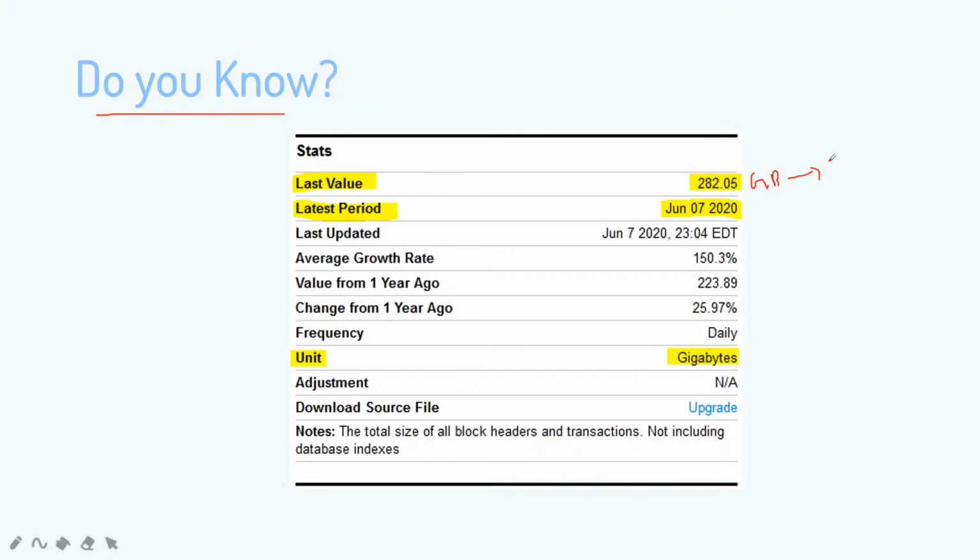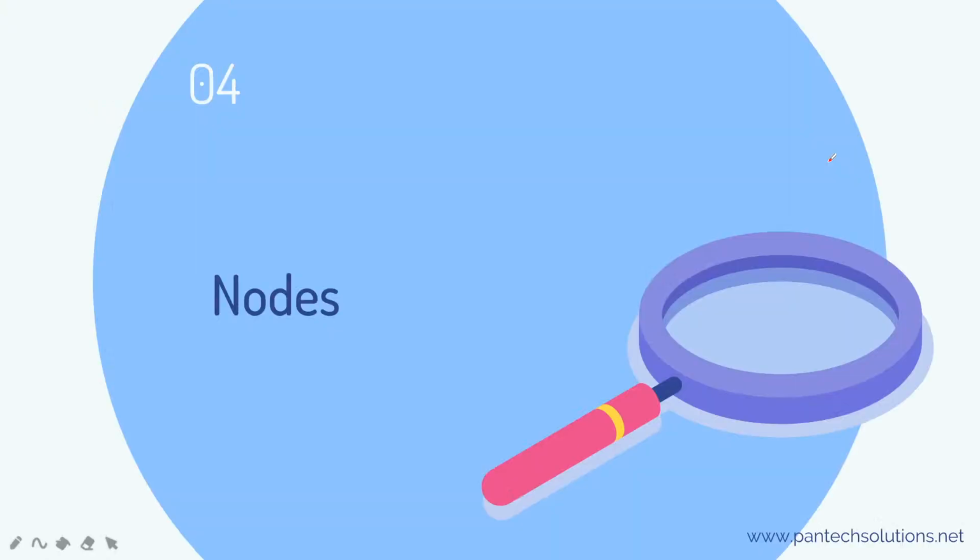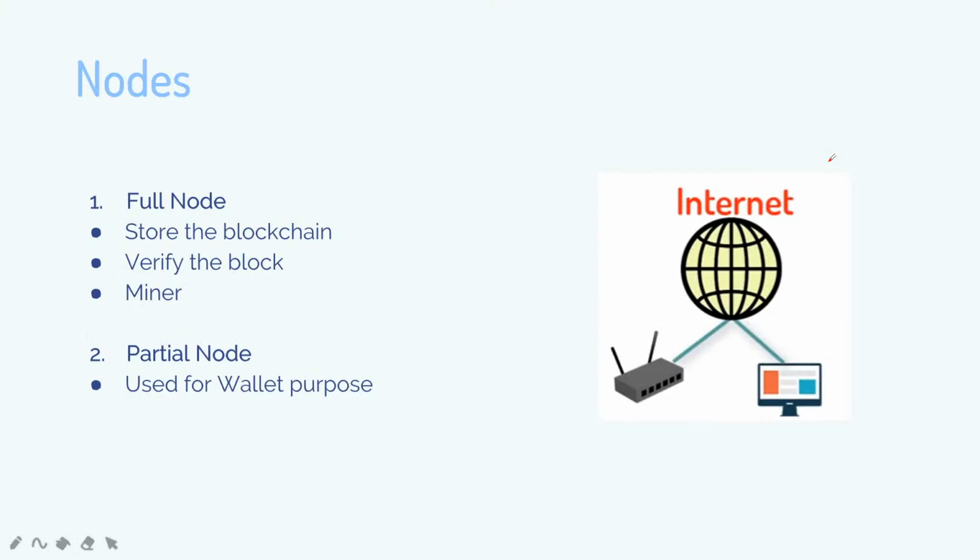Okay, about this general information, and then we enter into the nodes. What are nodes, and what type of data will each node have? Here we have full nodes and partial nodes. A full node is nothing but one that stores the blockchain, verifies the blocks, and miners.